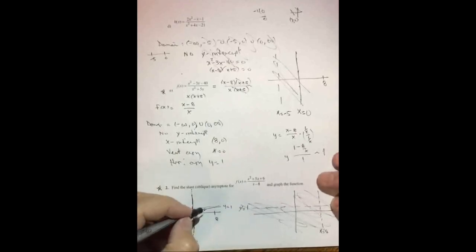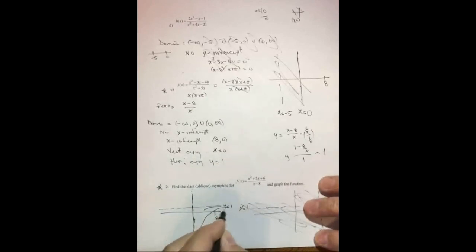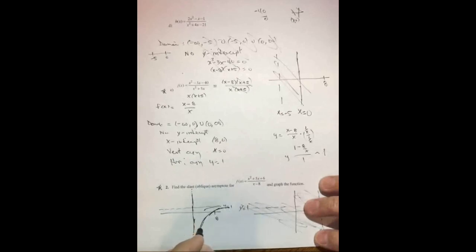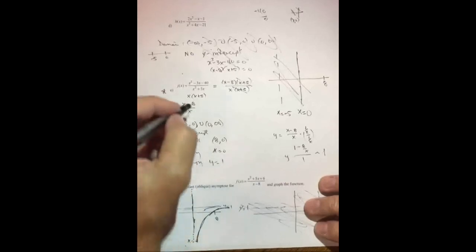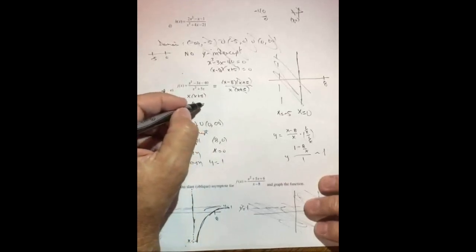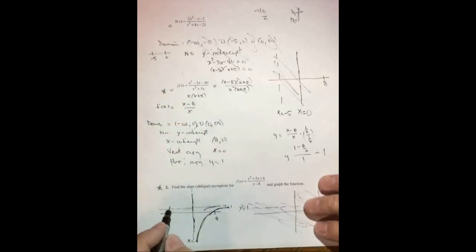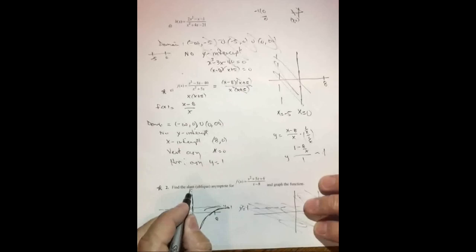So my guess, now it's got to go through this, so my guess is it's going to look like this. Okay, now let's pick a negative number, like negative 100. This would be negative 108. So negative 108 over negative 100, that's bigger than 1. So this thing, my guess is, goes like that.